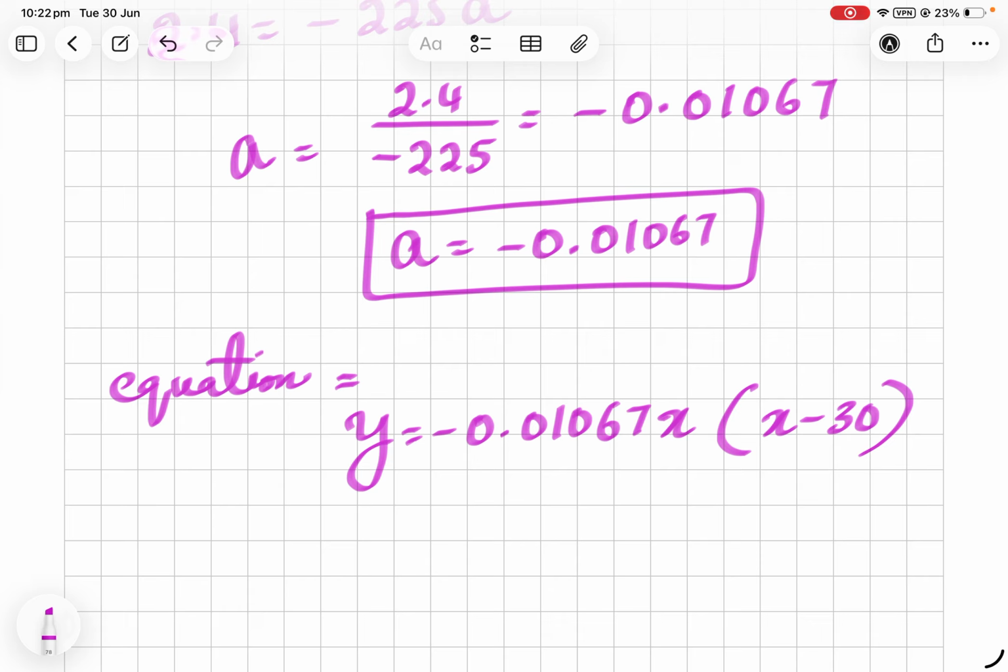If you want to round it off, we can do negative 0.011x, depending upon the number of decimals that it is going to ask. Negative 0.011x times x minus 30.